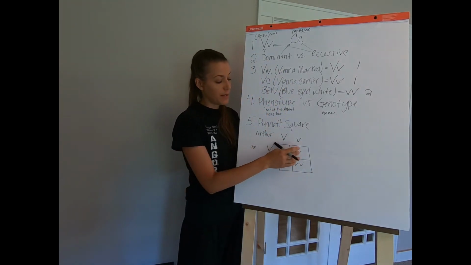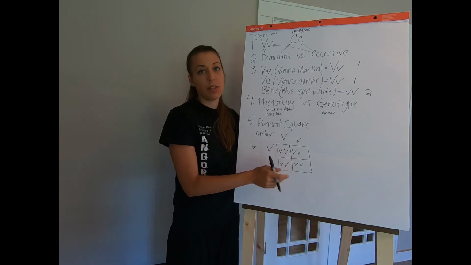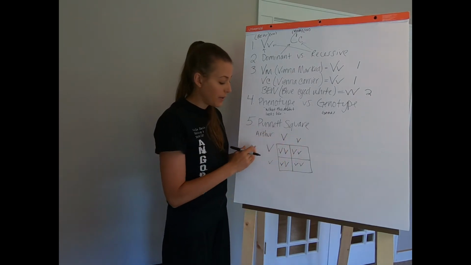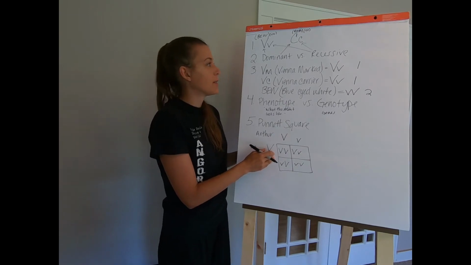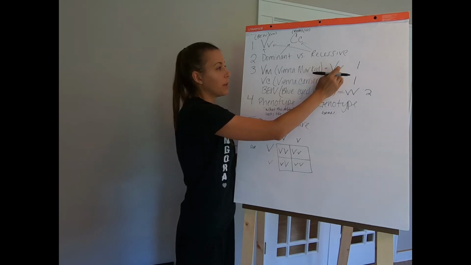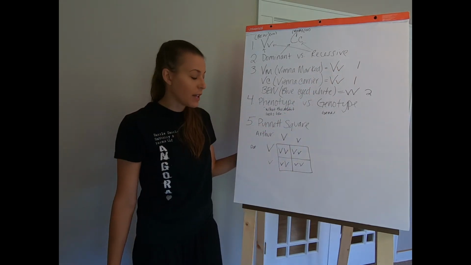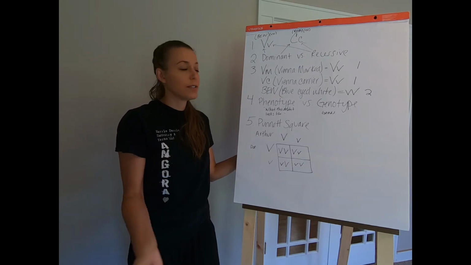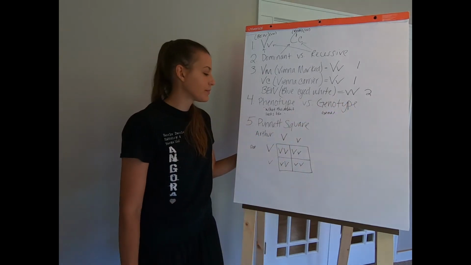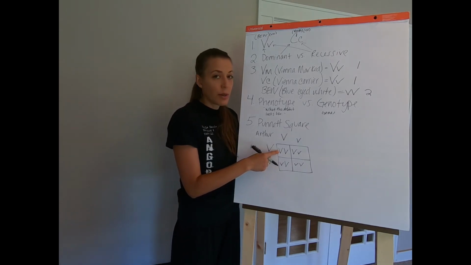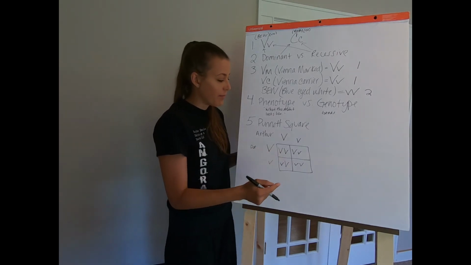Each of these represent the possibilities of what you get when you breed a Vienna marked rabbit with a Vienna marked rabbit. So that's breeding a Vv, uppercase dominant with lowercase recessive, 2 rabbits who share the same genotype. You get 2 uppercase V's as a possibility.